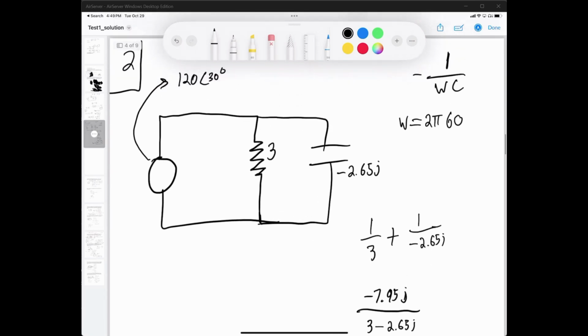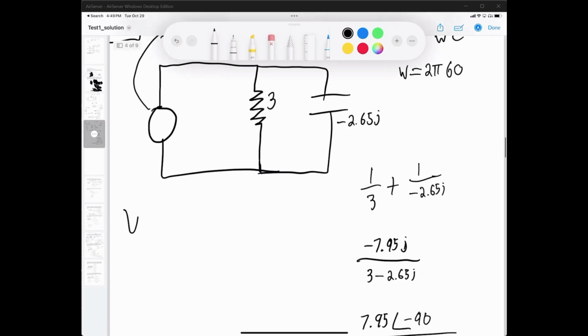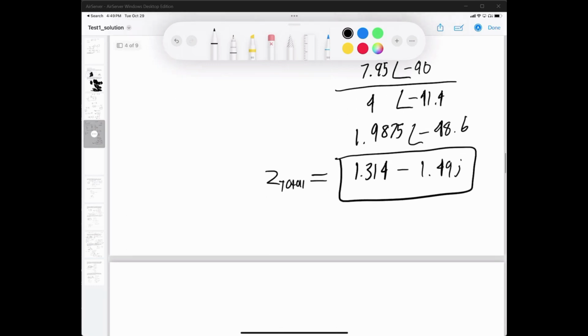Well, let's see. We know that if we take voltage and divide it by resistance, we'll get current. So if we convert this to phasor form and then divide that into voltage, we should get our answer.